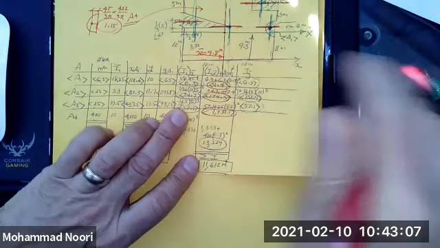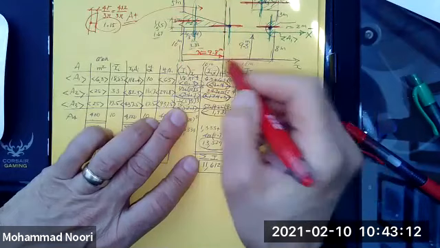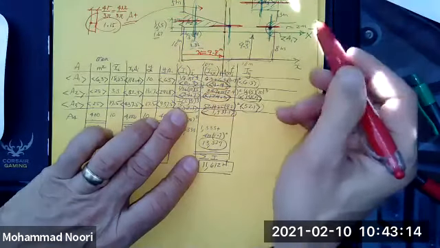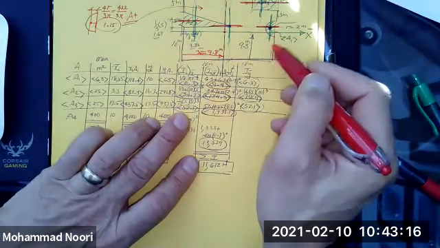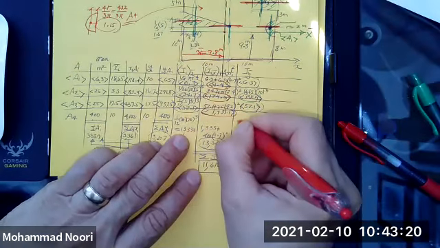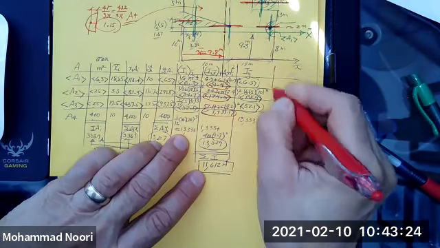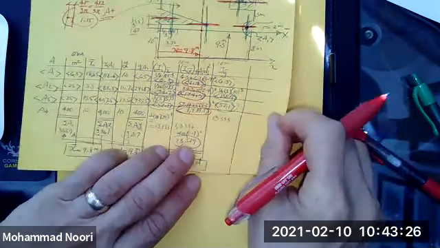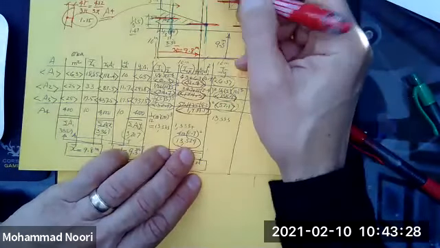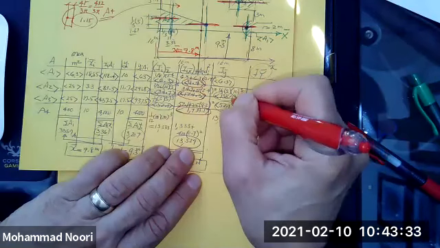And for this last one, 1/12 of this base times this height cubed, again, this is a square, so height and base are the same, so it comes out to be 13,333.